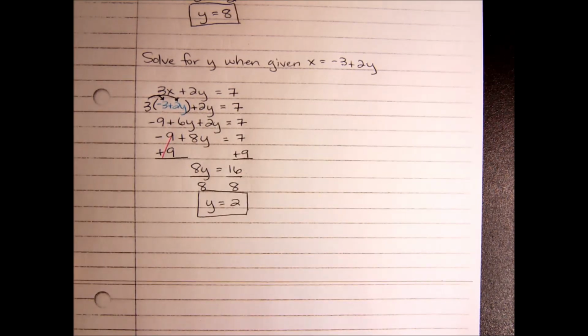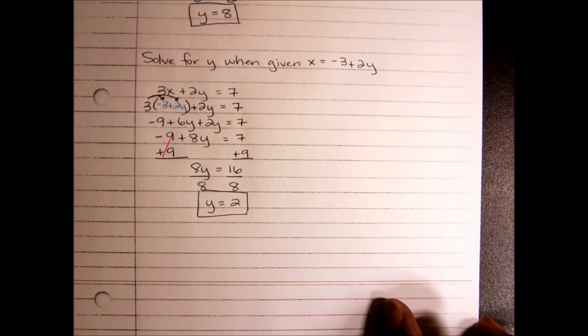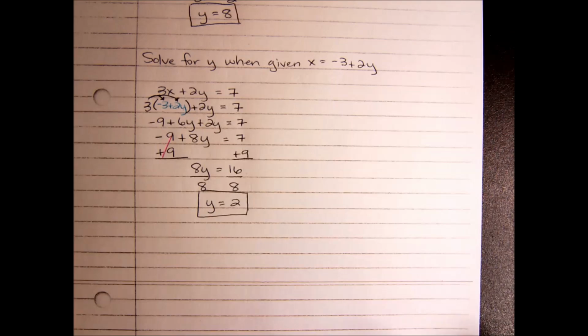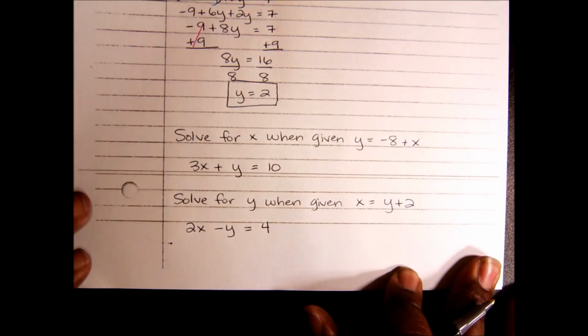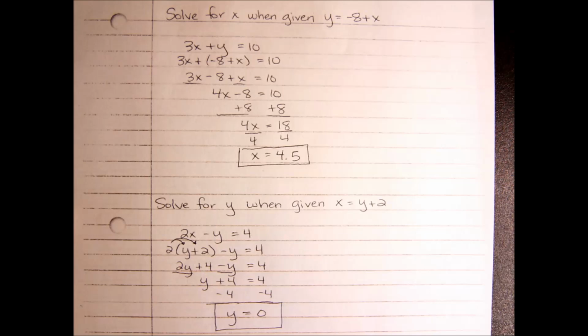Now that you've watched me do a few, I want to give you 2 to try on your own. You go ahead, give those a try. Pause the tape if necessary and come back and I'll have your answers. Now, here are the 2 solutions to the problems that you were given.